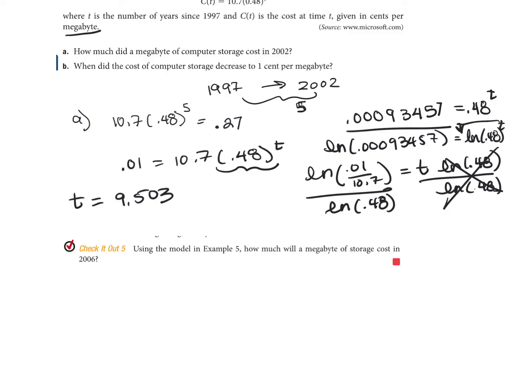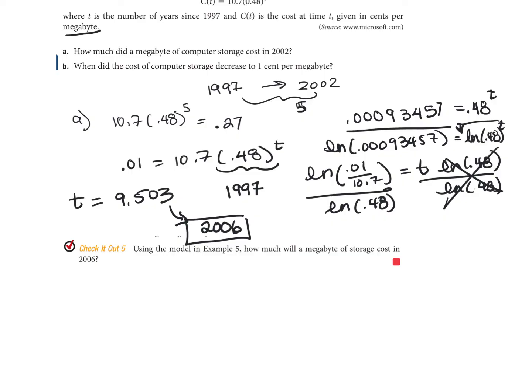So that is telling me that it's going to be 9.5 years from 1997. So it is going to hit that in 2006 to the nearest year. It will hit that during the year 2006, halfway through that year.